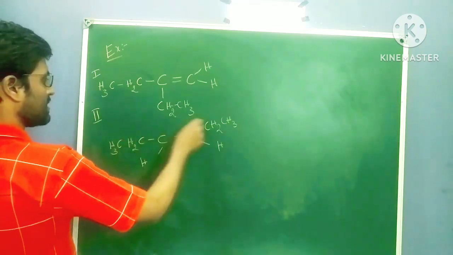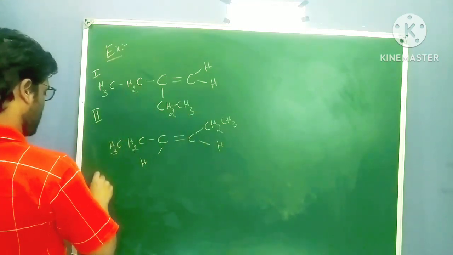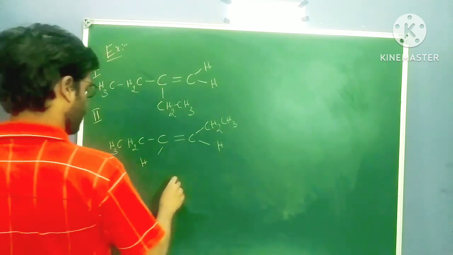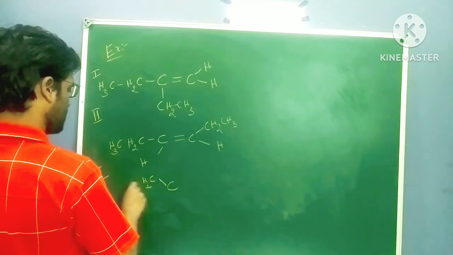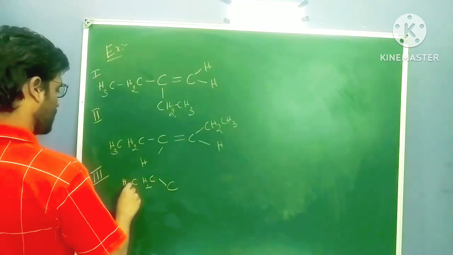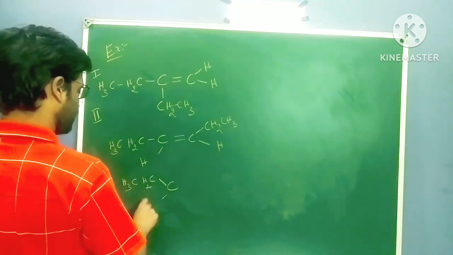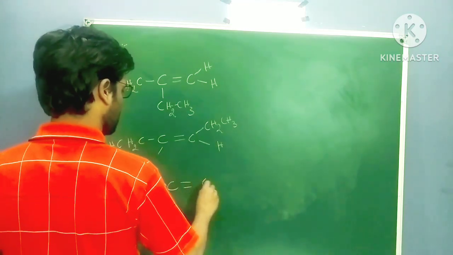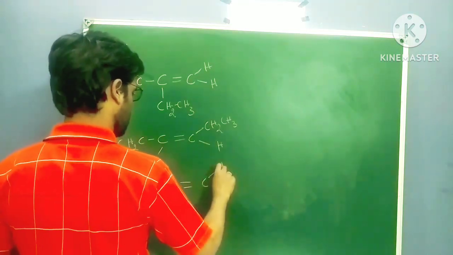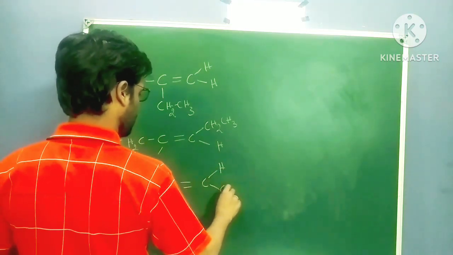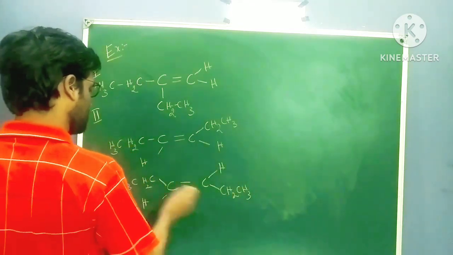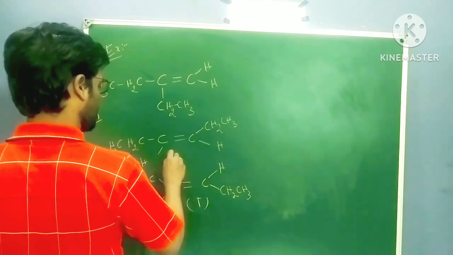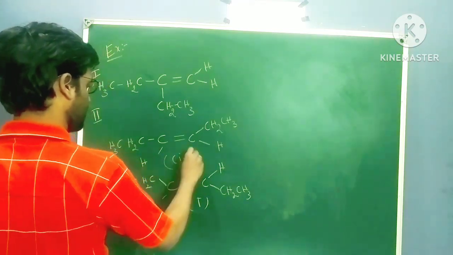So this is the cis one. Third one: CH2CH3, hydrogen, double bond, H, CH2CH3. For suppose this is trans, this is cis.